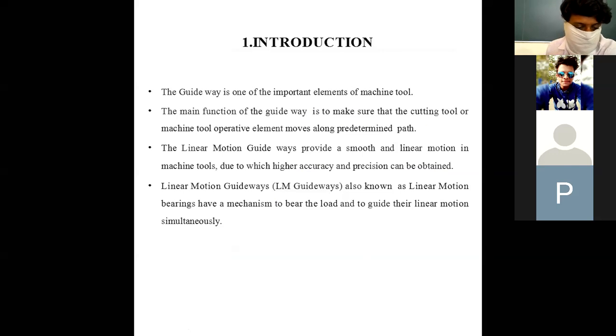So in previous lectures, we have discussed about NC machine, CNC machine and DNC system. Two types of DNC were there: direct numerical control and distributed numerical control, if you remember. Then we have just thought of taking applications of CNC machines.